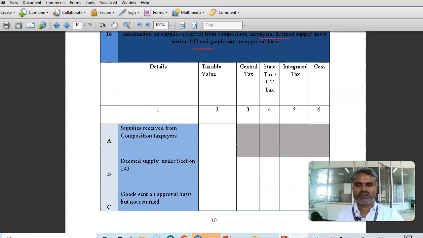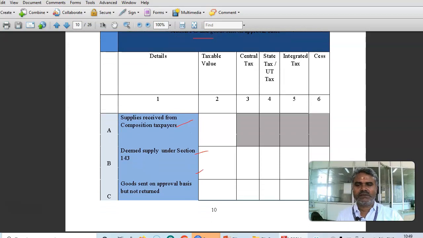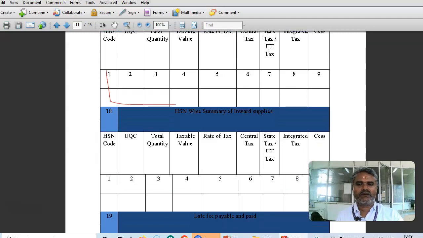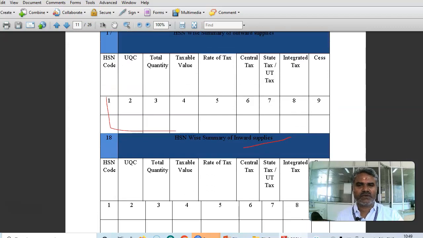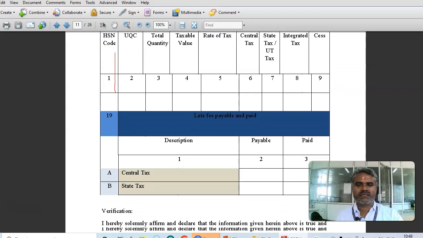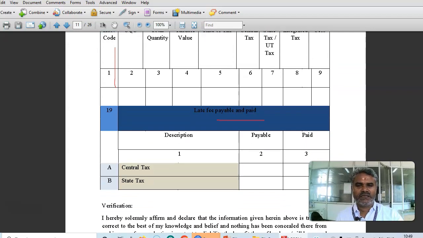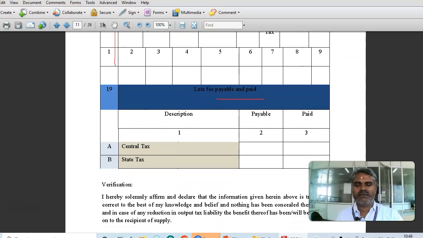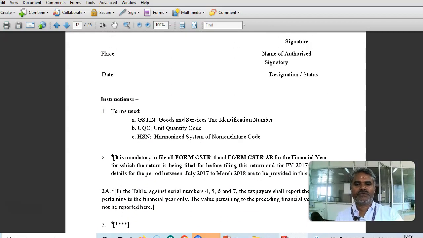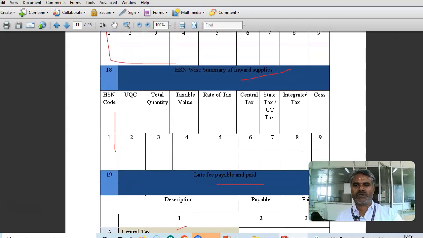This information is also given. Then HSN wise summary of outward supplies, you have to list out one by one here. Then HSN wise summary of inward supplies. Then late fee and paid central sales tax, then verification. So you see, these are the informations you have to give.